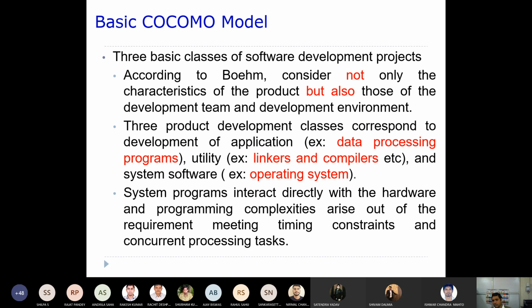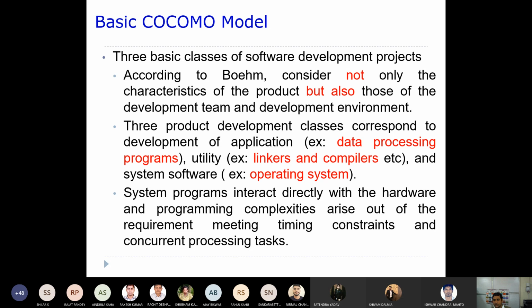Now there is system software. The best example here is the operating system. You know that operating systems are usually system programs, and they directly interact with the hardware. As a result, you see some sort of programming complexity, because writing programs for hardware devices is very critical.